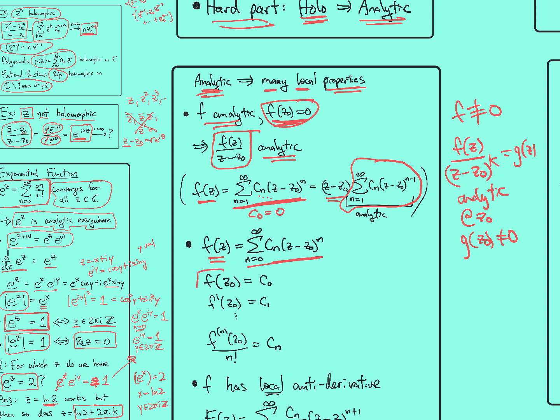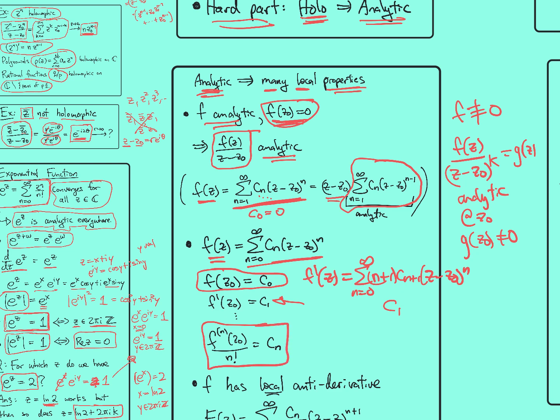Well, the value at z naught gives me the first coefficient, and then if I take the derivative like I did above, I get this formula here, and its value at z naught is going to give me c1. And then you keep applying this formula over and over, and you'll get a general formula: the nth coefficient is the nth derivative at z naught divided by n factorial.